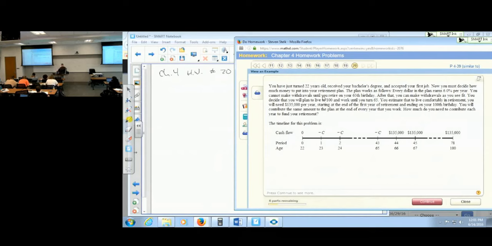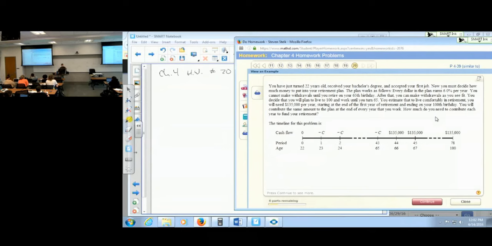Alright, so you just turned 22 years old, received your bachelor's degree, and accepted your first job. Congratulations. Now you must decide how much money to put into your retirement plan. The plan works as follows. Every dollar in the plan earns 6% per year. You cannot make withdrawals until you retire on your 65th birthday. After that, you can make withdrawals as you see fit.